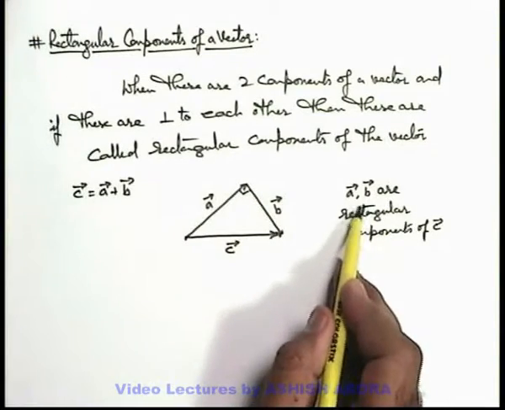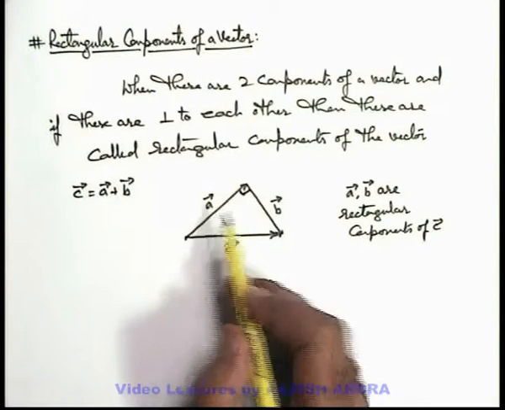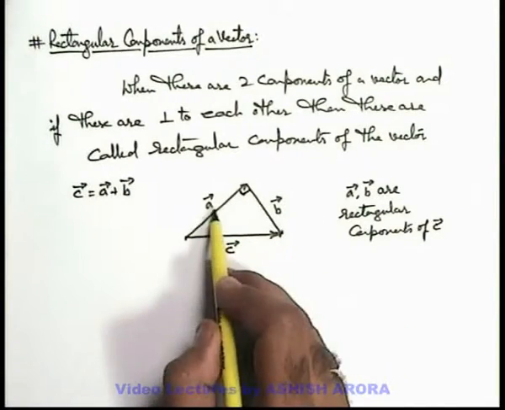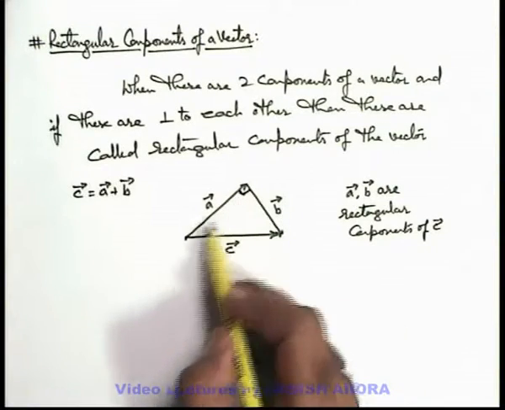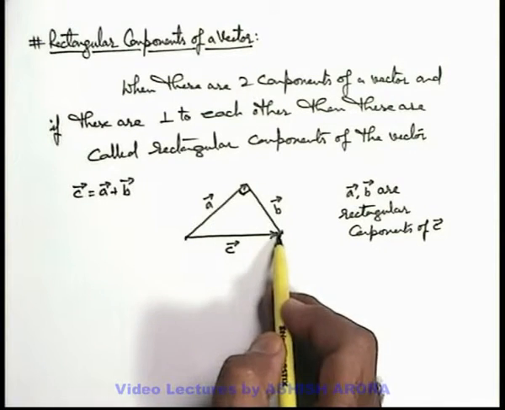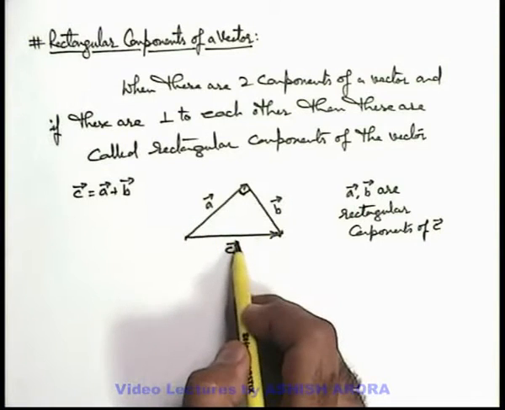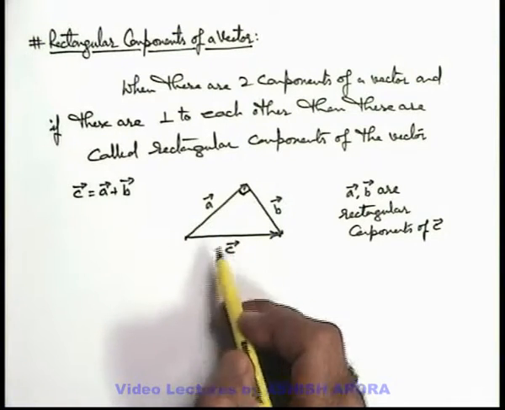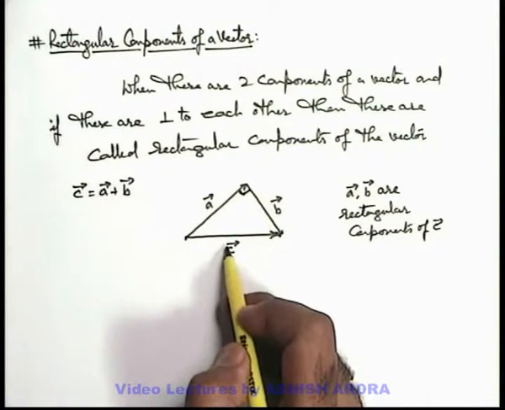Rectangular components are always perpendicular to each other, and a vector can have exactly two rectangular components. As it is forming a right-angled triangle, with the resultant vector as the hypotenuse, you can also relate the magnitudes of the three vectors, or find the magnitude of components of a vector in terms of the resultant vector.